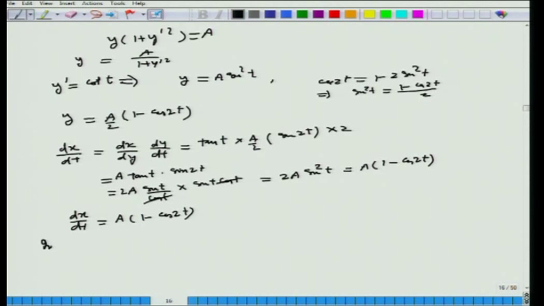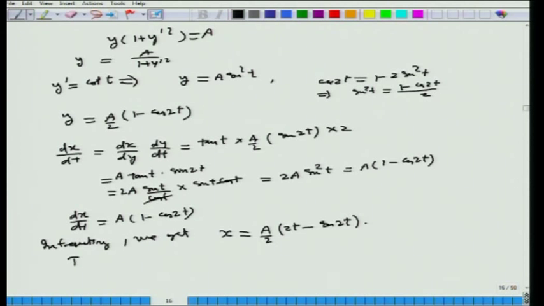Integrating this, we get x equal to a into, so we write a by 2 and here 2t, and then you get minus sin 2t by 2, and so that 2 we have taken out. So, we get the parametric form like this.